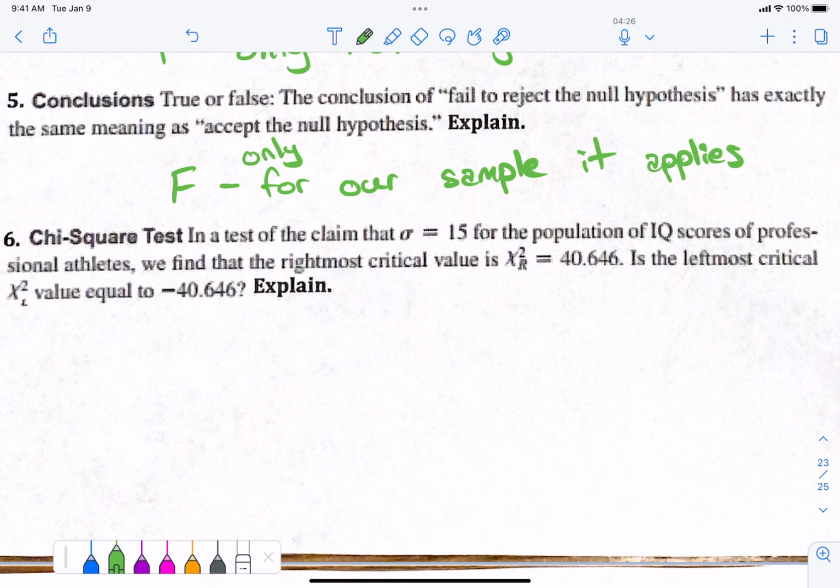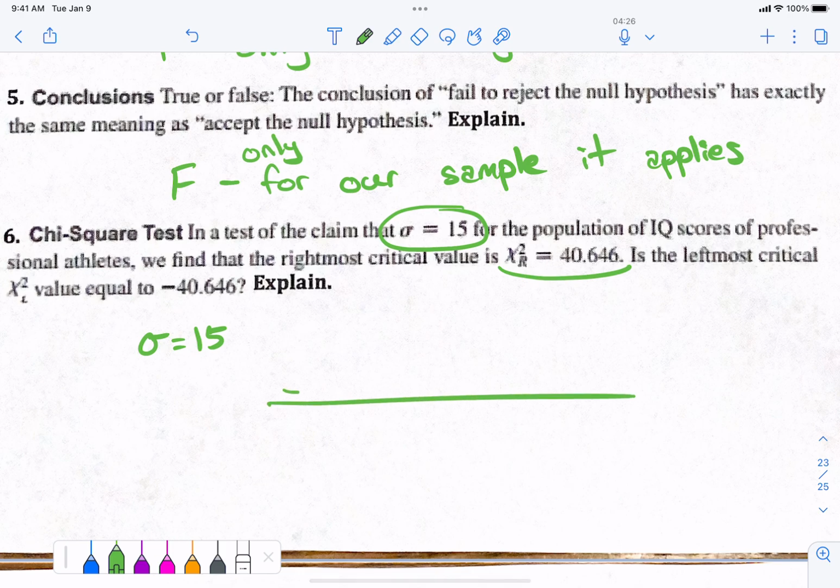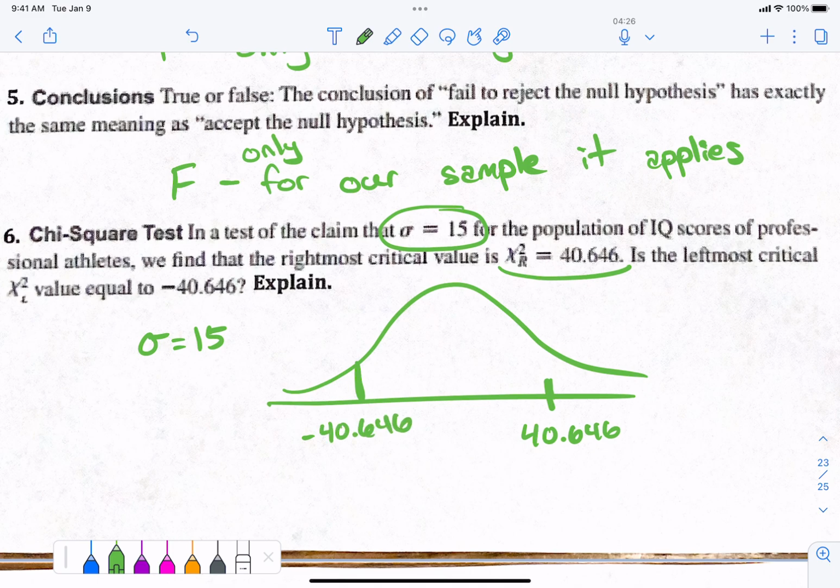In a test of the claim where we have a standard deviation of 15 for the population of IQ scores, we find that the rightmost critical value is 40.646, and the left critical value is negative 40.646. No. When you're doing chi-squared, is that the way it operates?